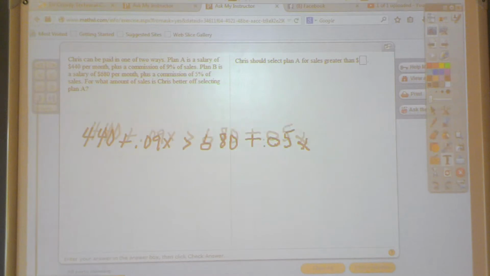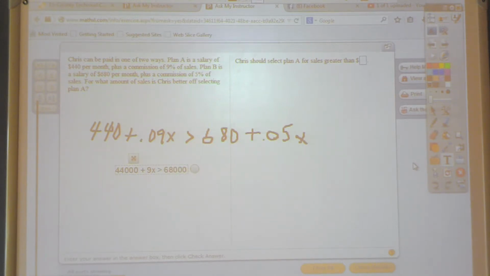So when we do the math and multiply through by 10 or 100, we're going to get 44,000 plus 9x is greater than 68,000 plus 5x.